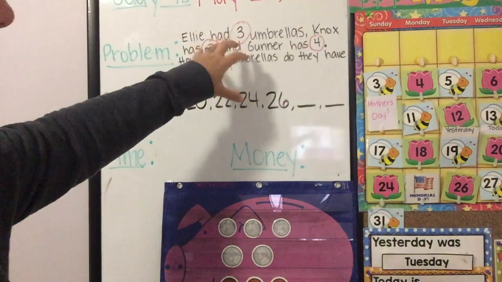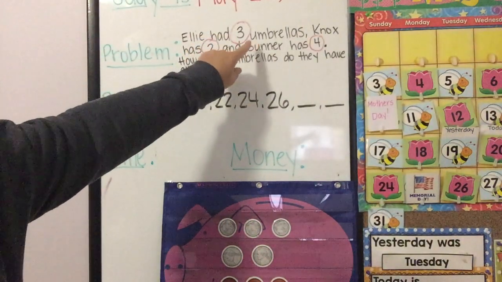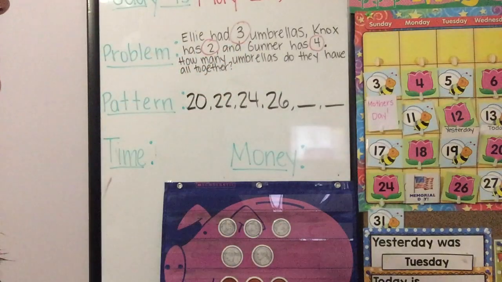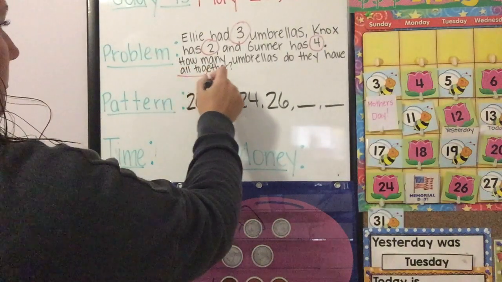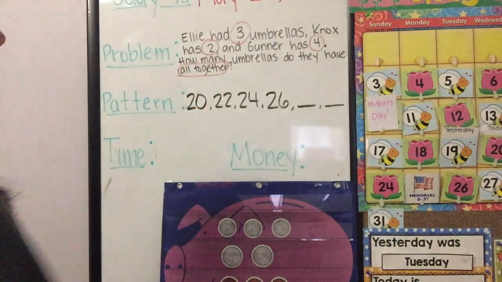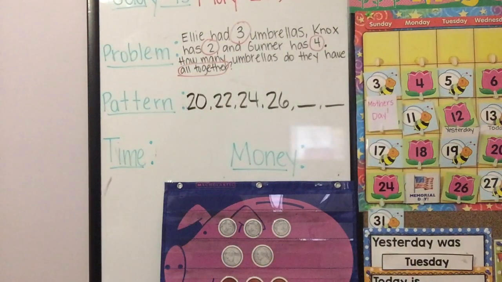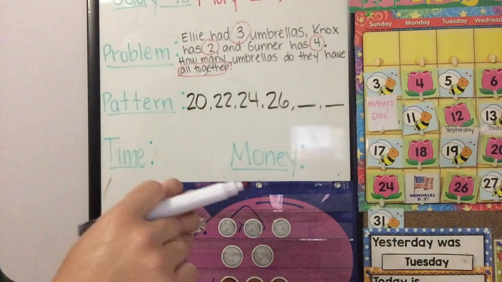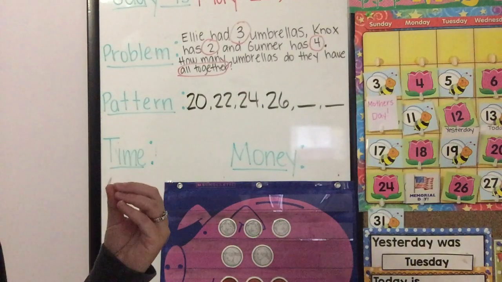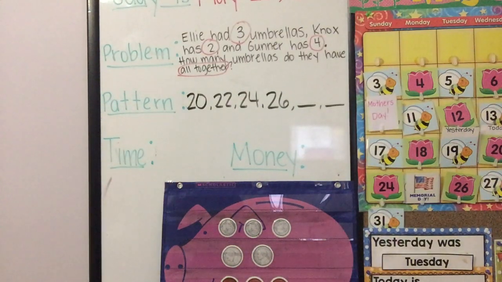So our numbers, how many things we need to be thinking about is 3, 4, and 2. Okay, so how many umbrellas do they have all together is our question that we have to answer. And that word all together tells us, are we going to put their numbers together and add them together, or are we taking things away? We're putting them together, so we're going to add.